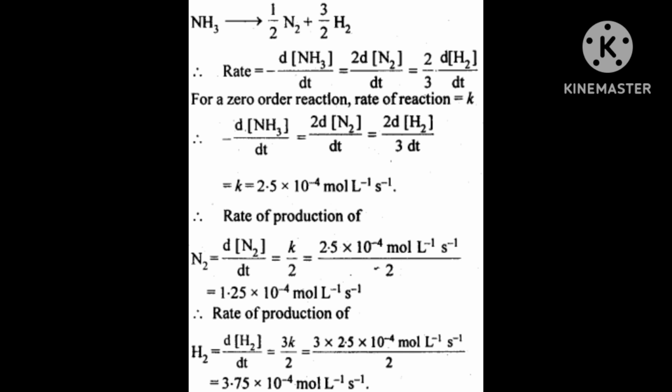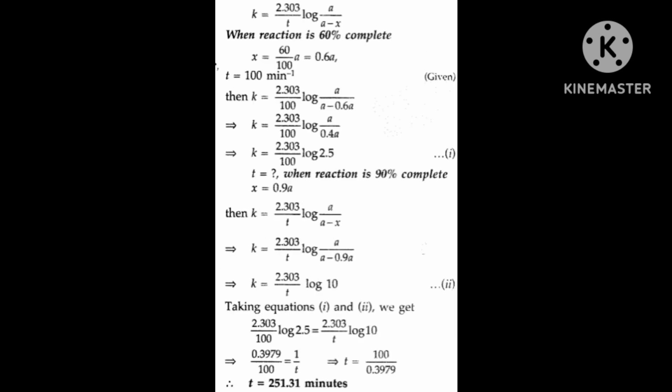Now I am telling you about the plot of log R0 upon R versus time for a first order reaction. If you draw it, again it will give a straight line, but this straight line will pass through 0.